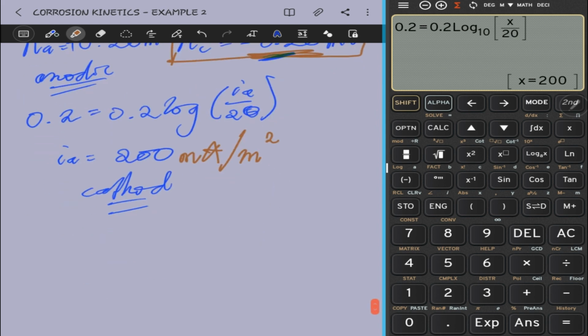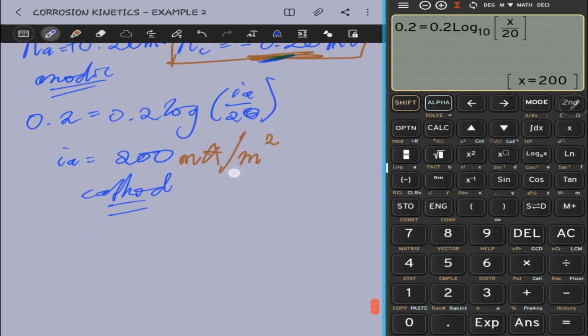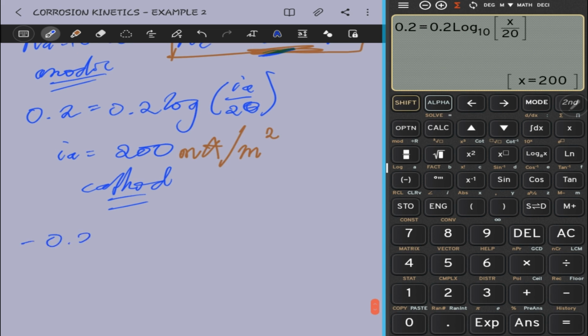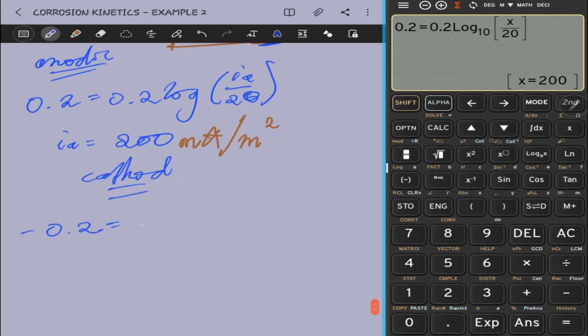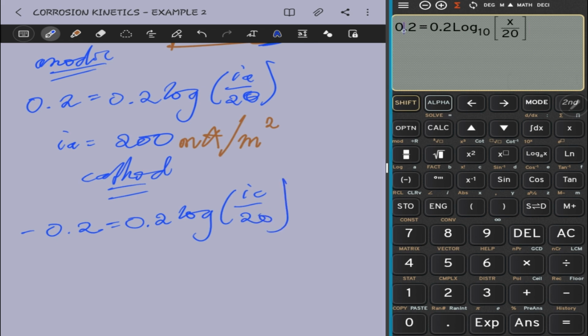So that will mean that we have the potential as minus 0.2, and then BC, the cathodic Tafel constant, is 0.2. And then we have log of the cathodic current density over the exchange current density, 20. The only difference here is minus 0.2. Yes, it's the same.